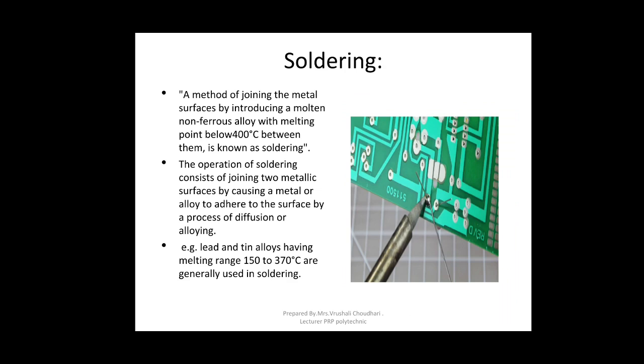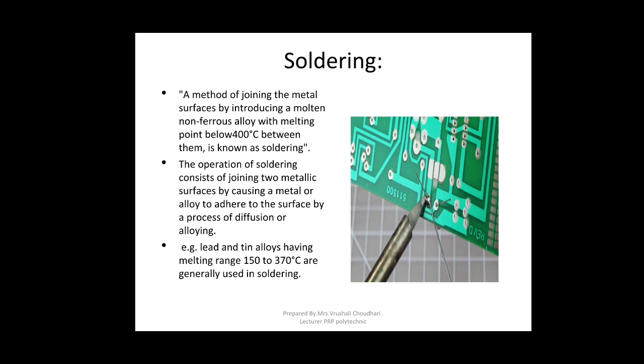Soldering. It is similar to brazing, but in this we are using a solder which has a lower melting point. A method of joining metal surfaces by using molten non-ferrous alloy having a melting point below 400 degrees Celsius is called soldering. To make printed circuit boards, to repair electronics and mobile parts, we are using solder.